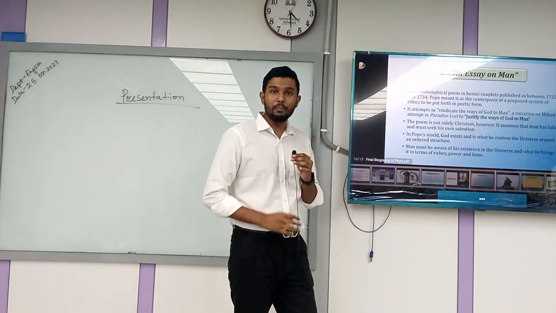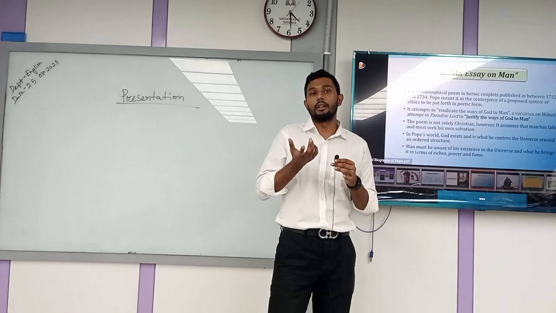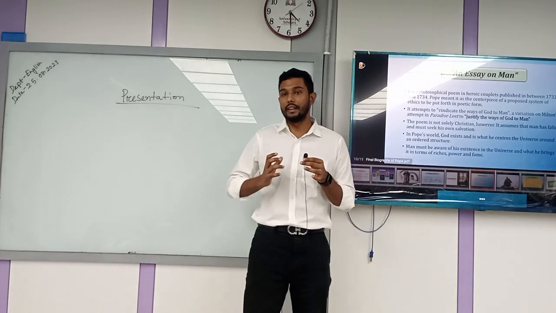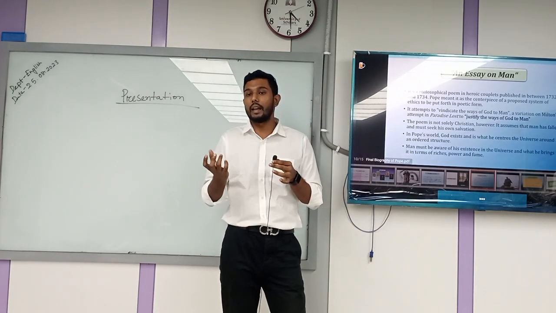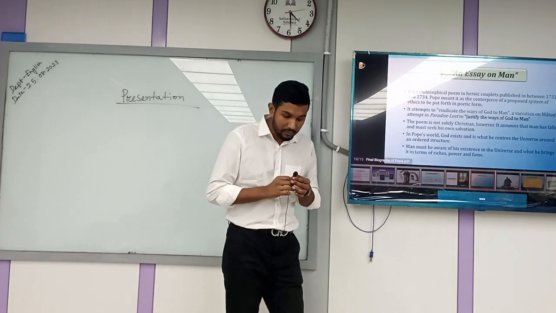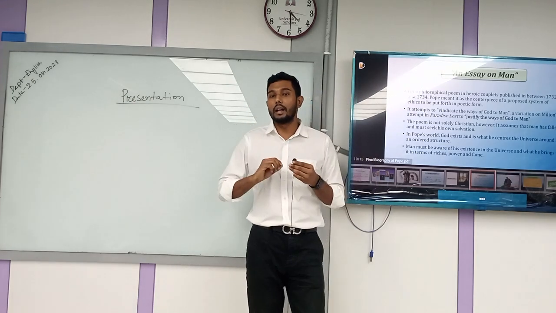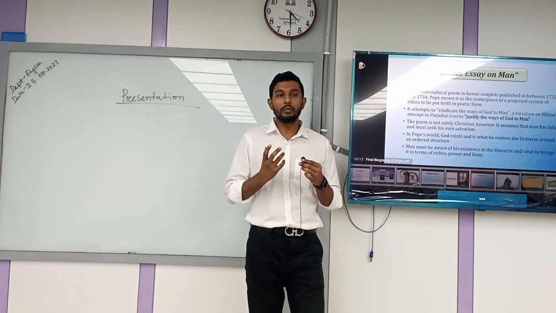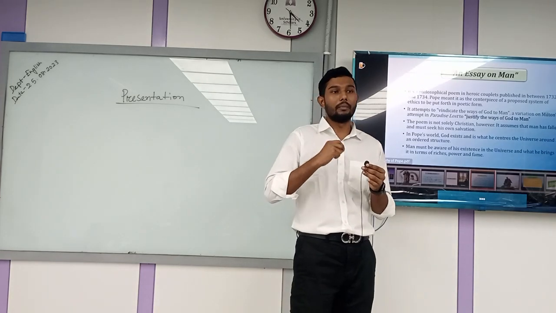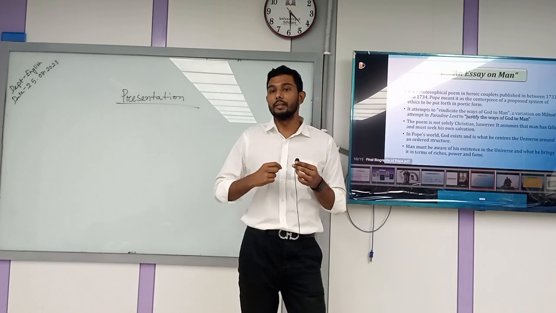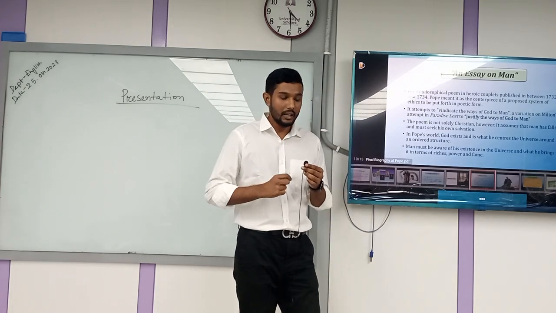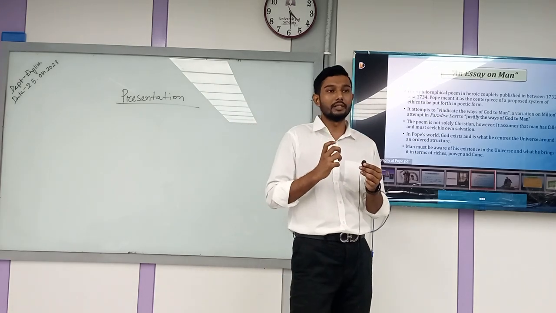Actually, this poem generates something different between man and God. Alexander Pope says God's ways cannot be understood by people. What can we understand from this line? God's ways cannot be understood by man. This means God has lots of mysteries.